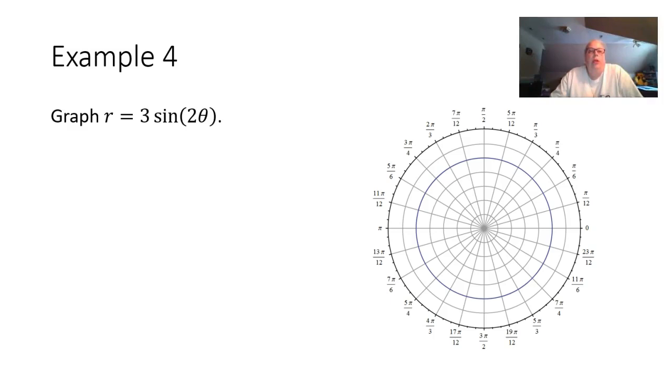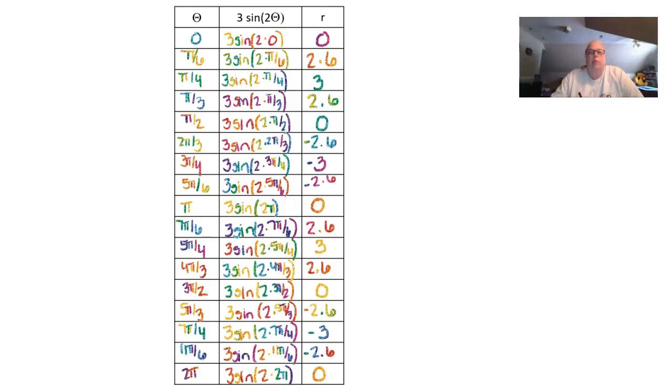Example 4, graph r is equal to 3 times the sine of 2 theta. All right, let's go on over to the chart and we'll see what we have. All right, and here's my chart. I have all my angles from the unit circle here. There's my equation down the middle. This is what I'm putting in my calculator, and these are the r values I got back.